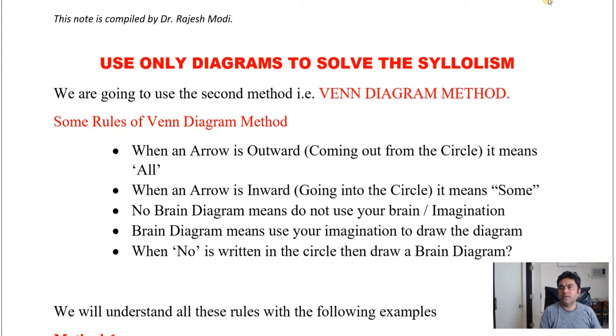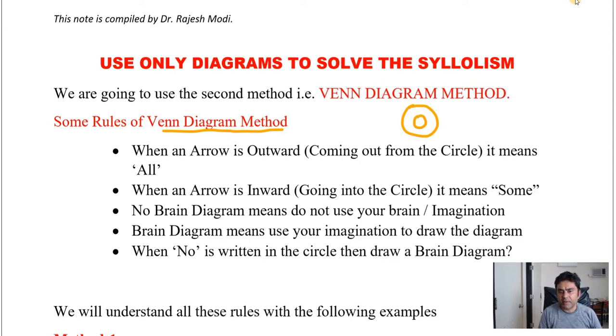In the logical Venn diagram, we are going to start with certain rules. Suppose there is a circle and there is an inner circle. What is the inner circle and what is the outer circle, I will discuss later, but understand first what I am telling you.